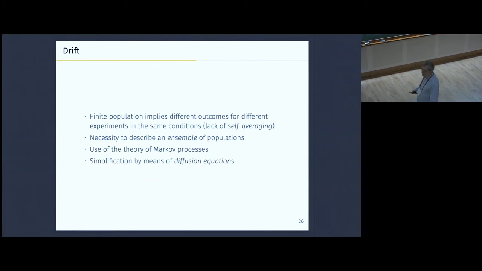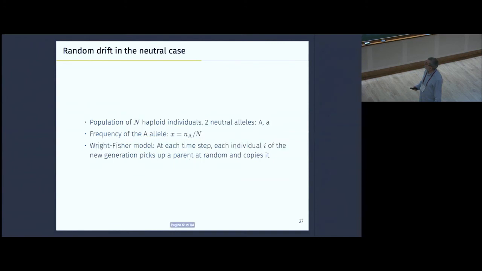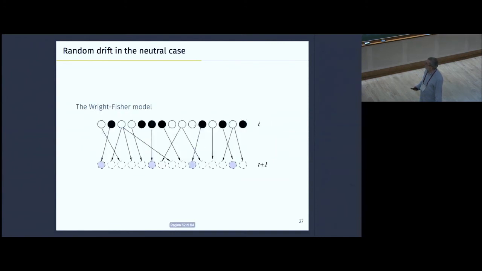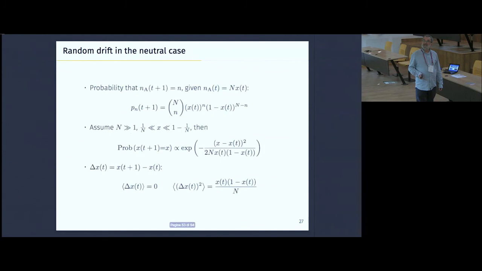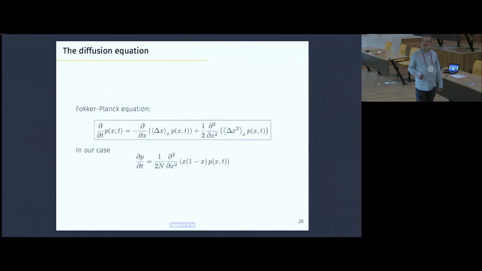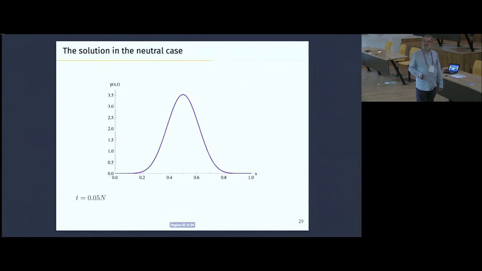Now, I think that I will not be able to introduce you to the intricacies of the diffusion equation, but I will show you some curves. So this is the solution of the diffusion equation that tells you what happens in the neutral case.